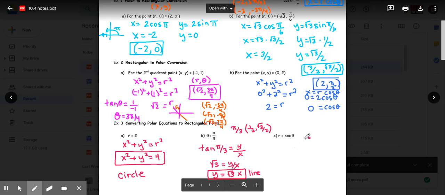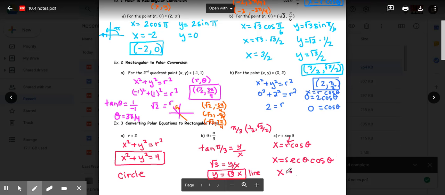And then the last one here, r equals secant theta. I mean, there's different ways you can do this, but make it easier for yourself. I'm already thinking that we know x equals r cosine of theta. So if I were to plug this r in, that's going to cancel, because when you have secant of theta times cosine of theta, this is 1 over cosine times cosine.